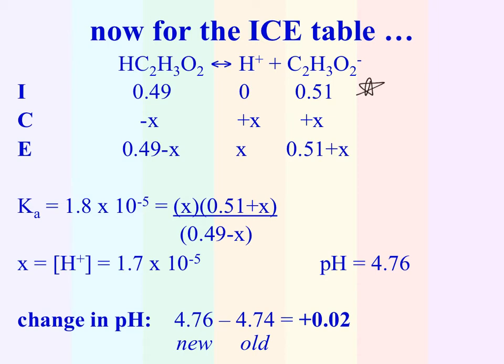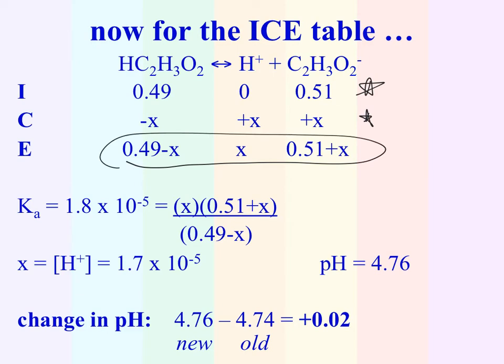Okay, so now that we have those values after the hydroxide has reacted with the acetic acid, we have our initial values for our ice table. Assuming 1 liter, I'm just going to divide by 1 liter and have our new concentration values. I plug these into the ice table, I look at my change in x, and I subsequently have my new equilibrium values.